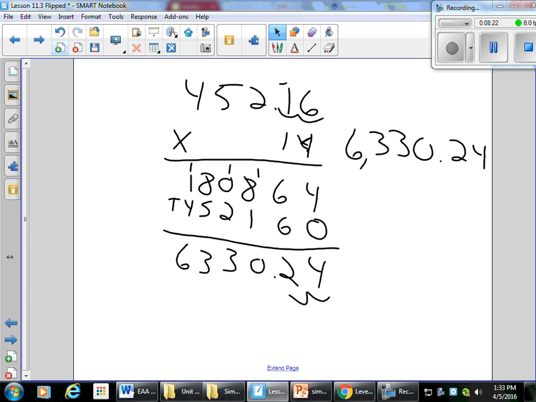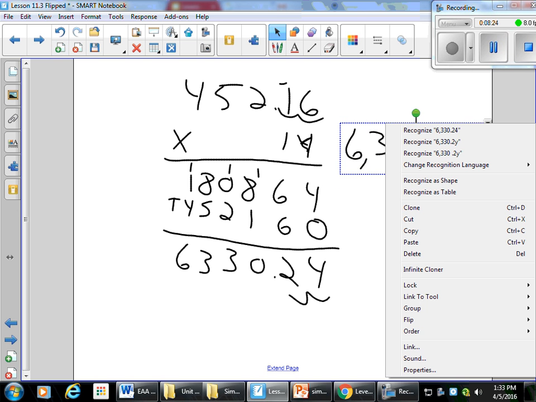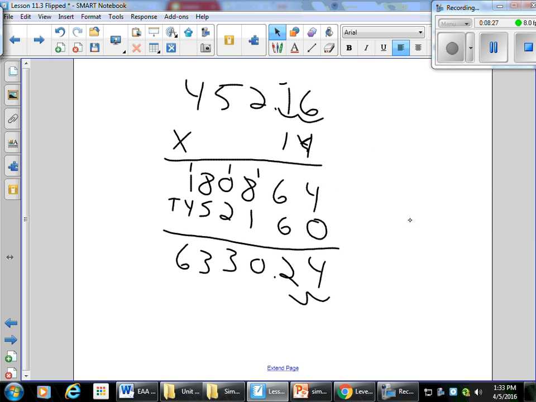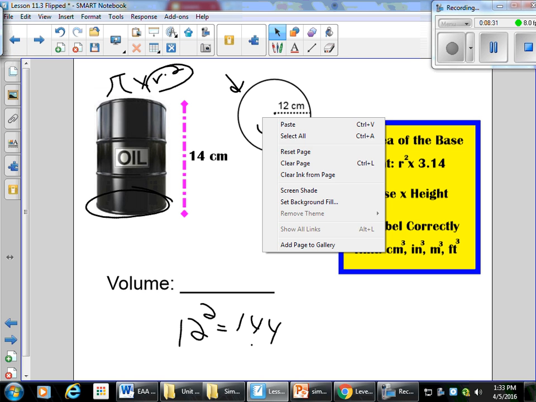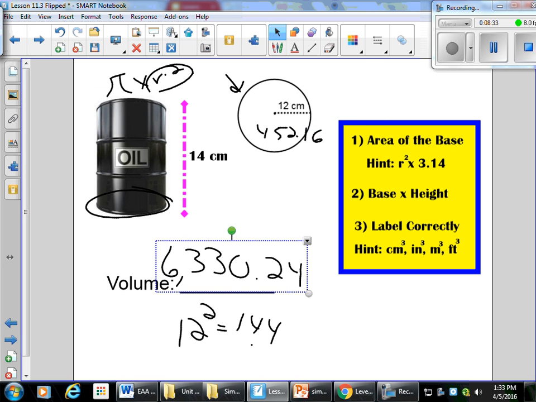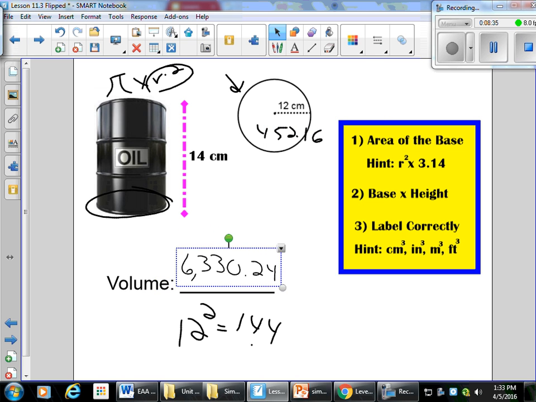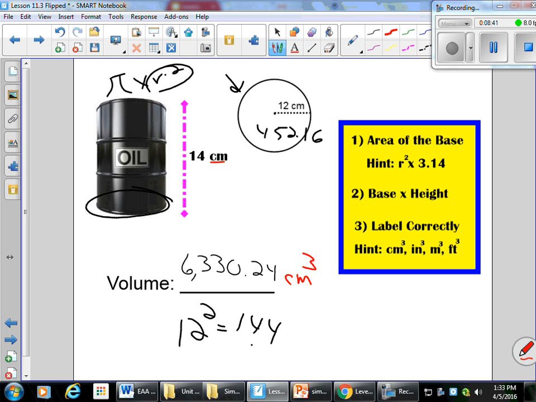That's a long number. Go ahead and take this. To label this correctly, once again, I'm dealing with centimeters cubed, because I'm finding the volume.